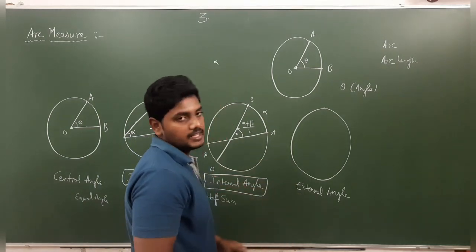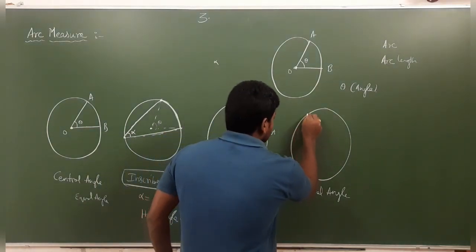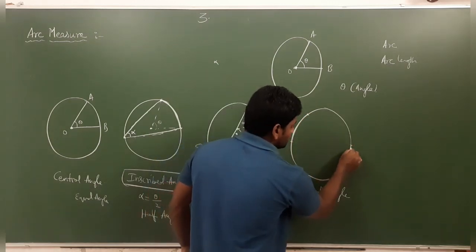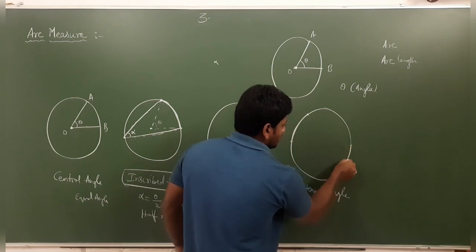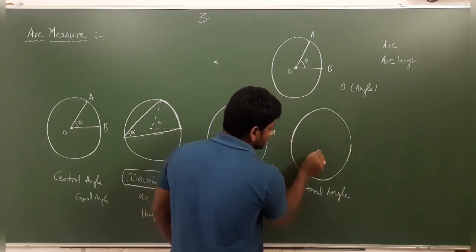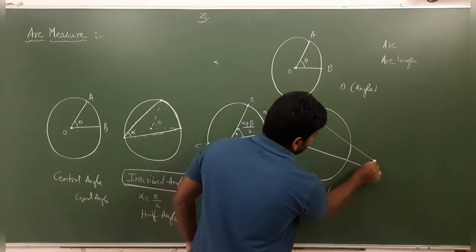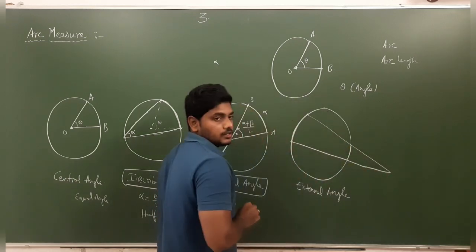Next, external angle. External angle means, for example, if it is an arc, and opposite there is another arc. Now if we join these two, nothing but if we extend these two to the outer side, somewhere they will meet.